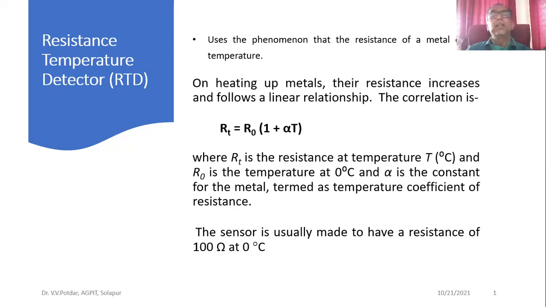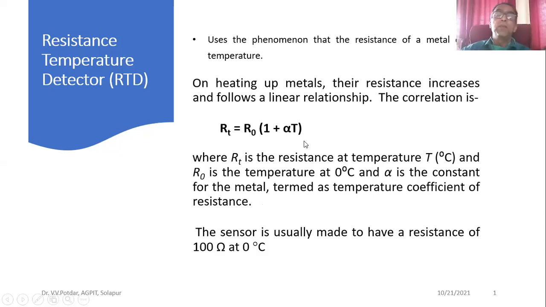This is the correlation that is relevant to RTD, where RT is the resistance at temperature T, and R naught is the resistance at 0 degrees Celsius. And alpha is the constant of the metal termed as temperature coefficient of resistance.